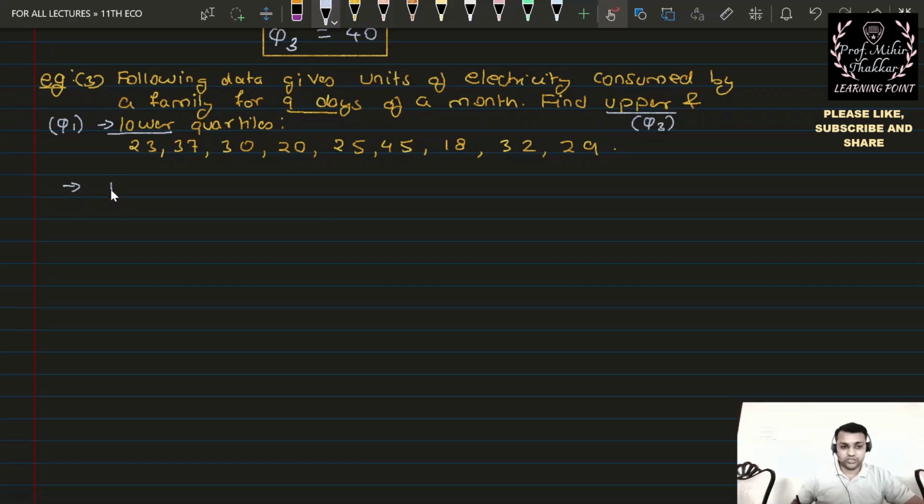So I will say over here that the ascending order is, search for the smallest value over here. I can see it is 18. After 18, the next number that we have is 20, which is coming only once. After 20, the next values are 23, 25, and 29.